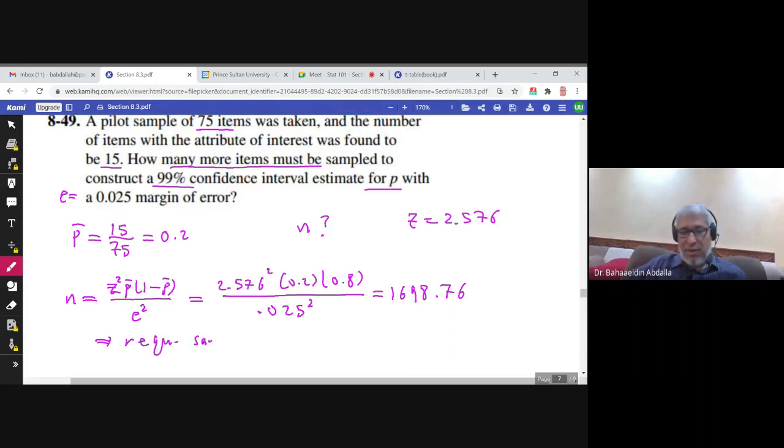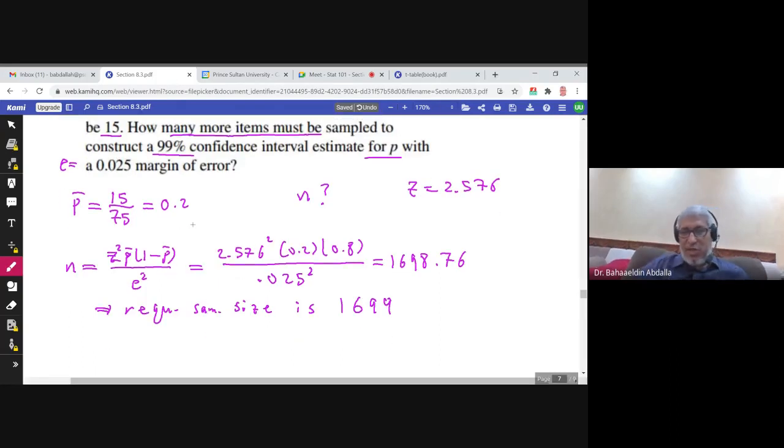So the required sample size is 1699. You round up. If you remember, you need to round up. This is the required sample size. To answer the question, how many more items must be sampled?